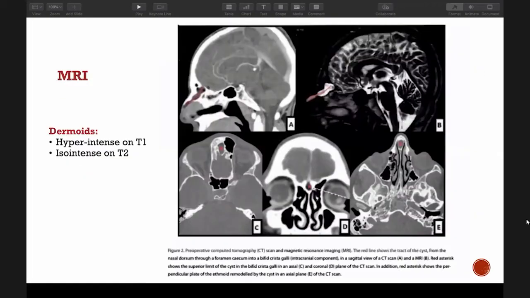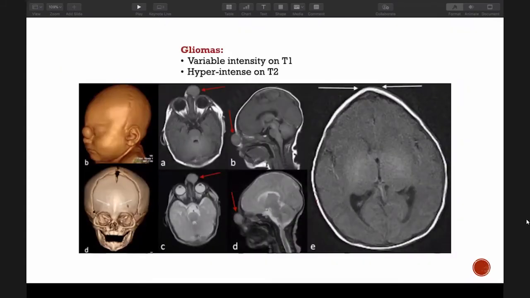MRI: for the dermoid, it will be hyperintense on T1 and isointense on T2. This is actually a dermoid in adult patients, having dermoid cells. For the glioma, it will be variable in intensity on T1 and hyperintense on T2.